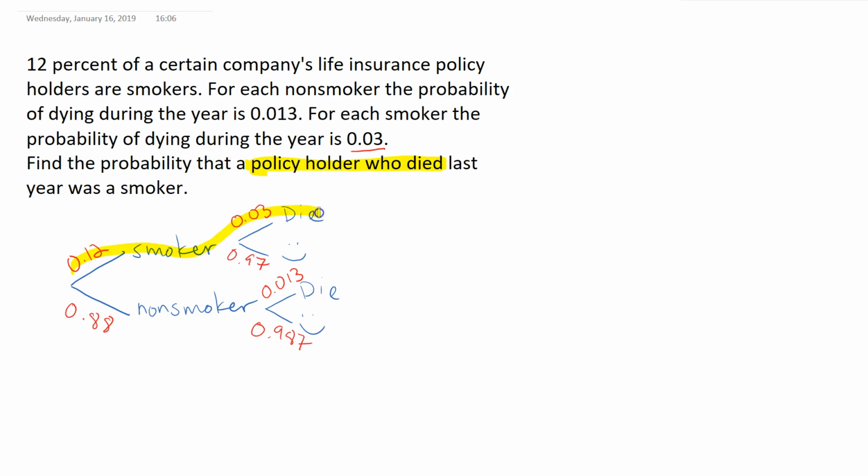Either they're a smoker and they die, or they're a non-smoker and they die. So those are the two possible branches to lead to these policyholders who died. So on the denominator, this would be 0.12 times 0.03 plus, for a non-smoker, this would be 0.88 times 0.013.